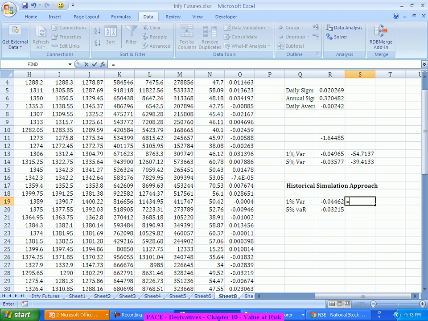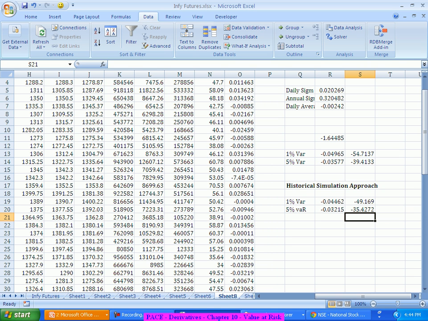So what you can do is this number multiplied by 1102 is your VAR through the historical simulation approach. This multiplied by 1102 is your VAR per one share of Maruti.